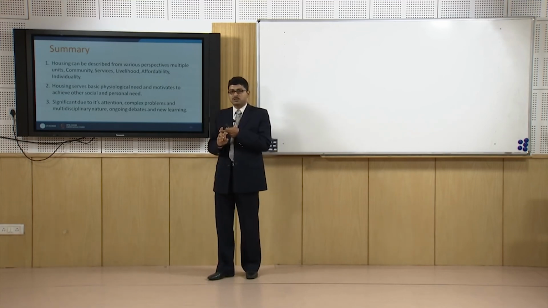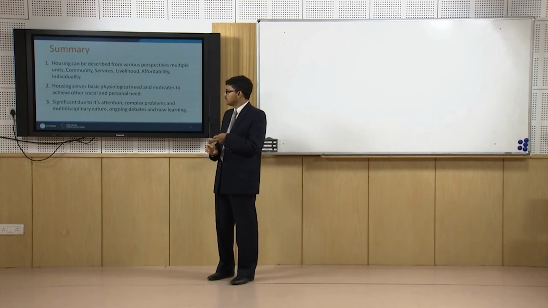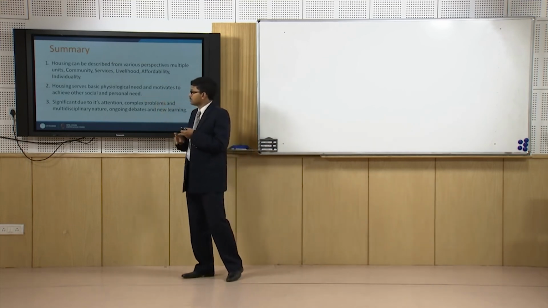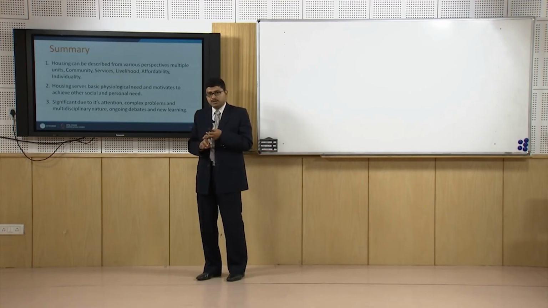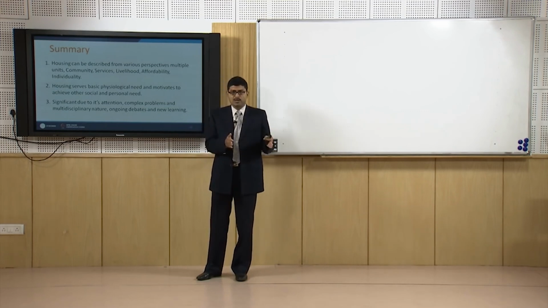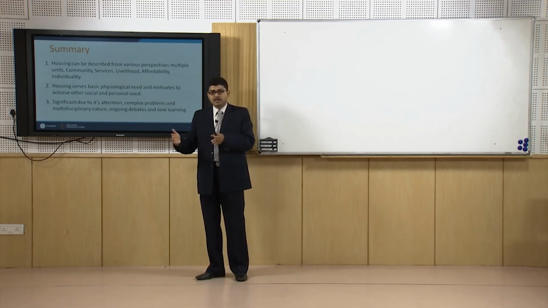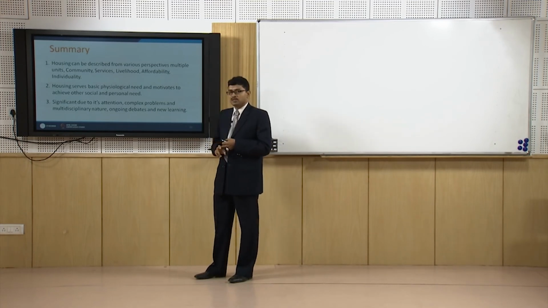These six dimensions are the basic pillars of the definition of housing. Housing serves the basic physiological needs, psychological needs and personal needs, and when these needs are fulfilled, people are motivated to do better, and that is why human need and housing have a great relation, which we discussed.